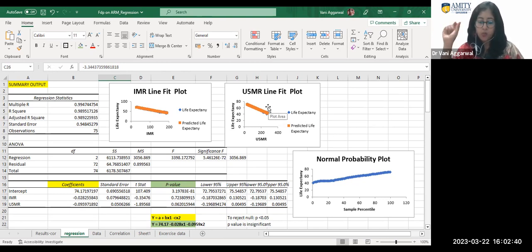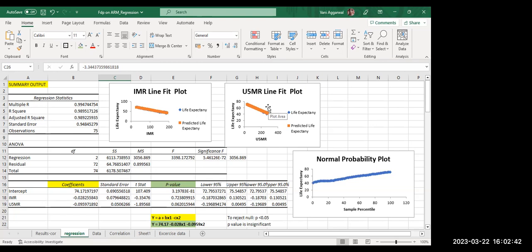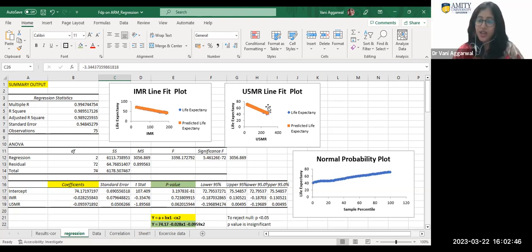If I ask how much of the data, it is the adjusted R square. So here I'm saying this one, 98% of the data this model is explaining. This is your question number 1.